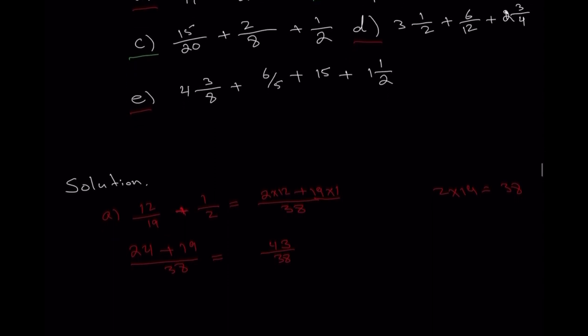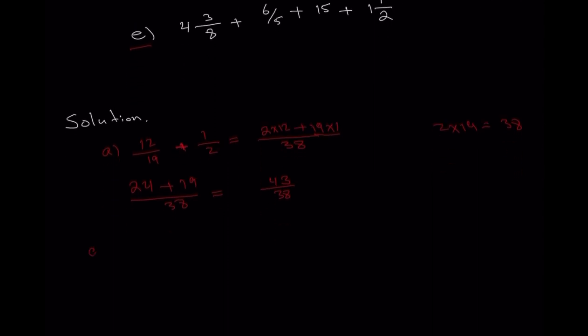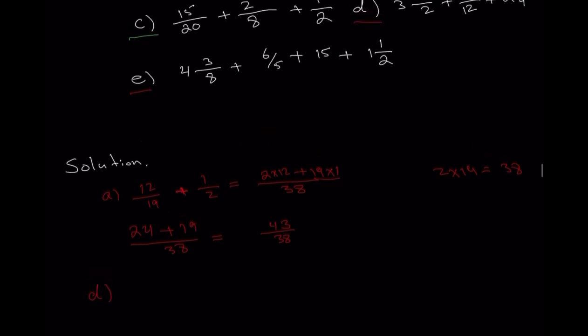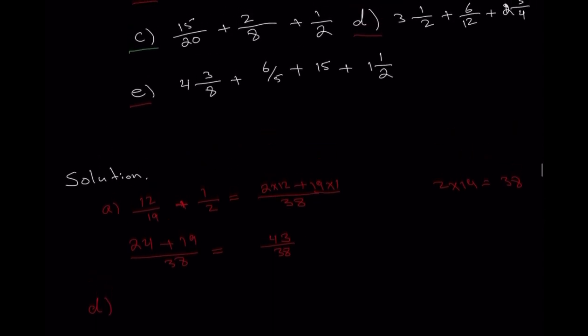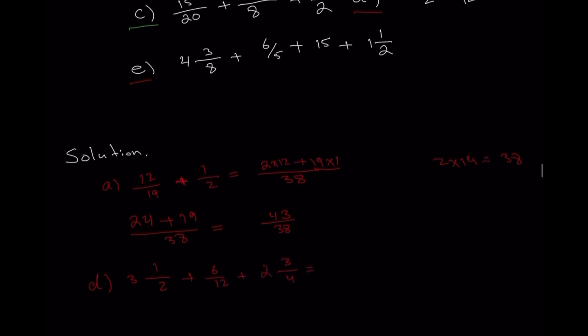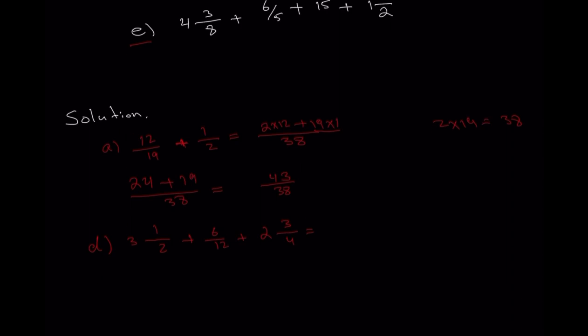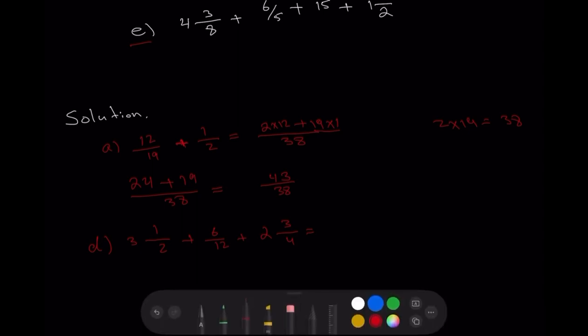Now let's do number D. D is 3 as a whole number, 1 over 2, plus 6 over 12, plus 2, 3 over 4. We can see there is something we can reduce here. So we can reduce this one. 1 times 6 is 6, 2 times 6 is 12.